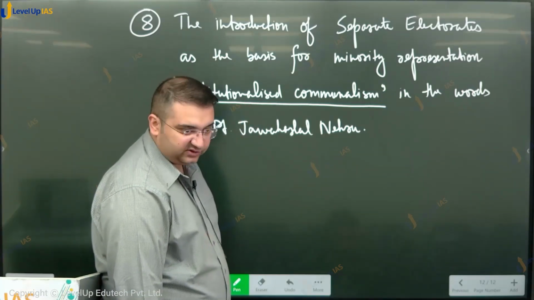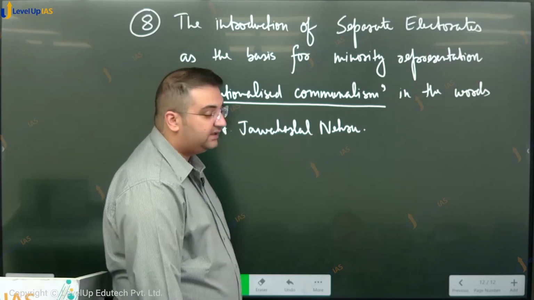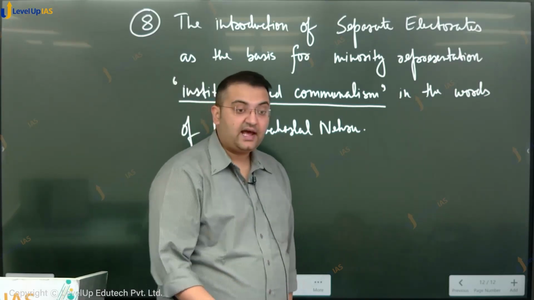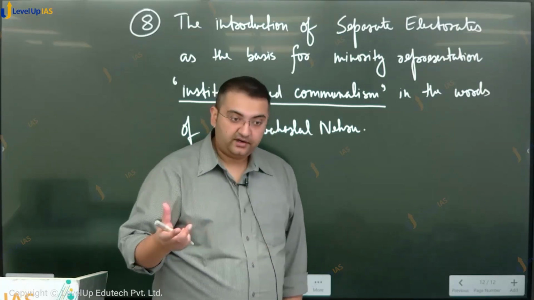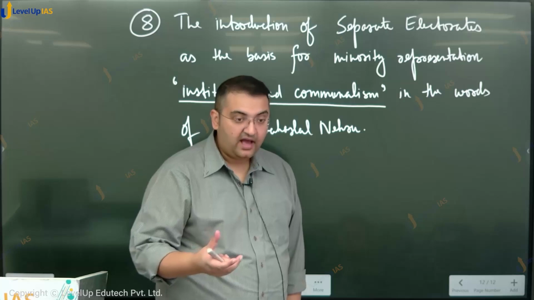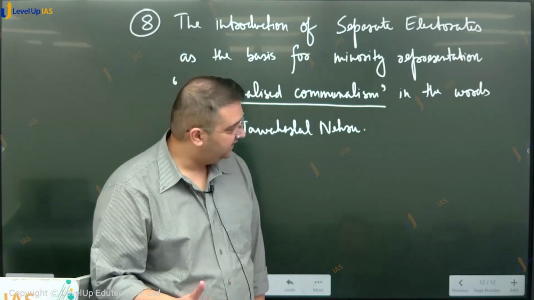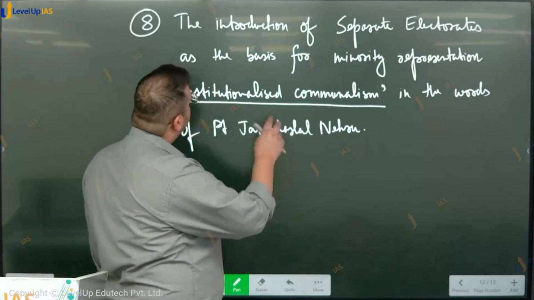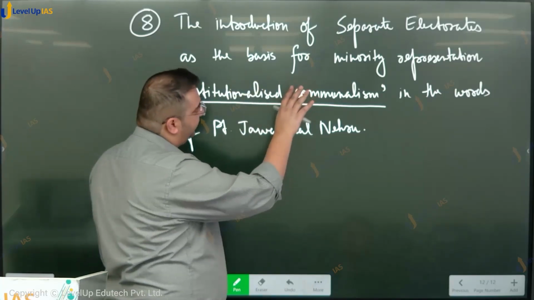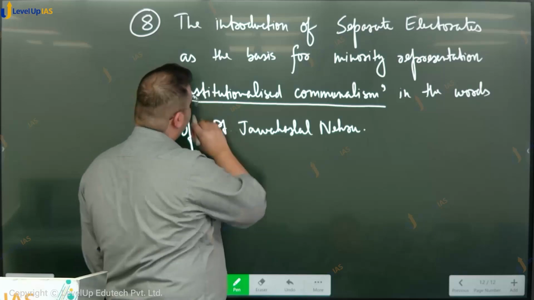Communalism क्या होता है ये तो समझ में आता है ना? That political terms में that means the perception that the political interests of different religious communities are mutually exclusive and competitive against each other. ठीक है? And separate electorates ने according to पंडित नेहरू इस feeling को institutionalize कर दिया.